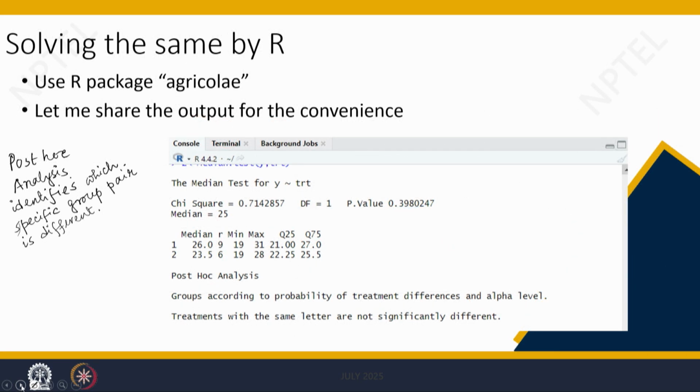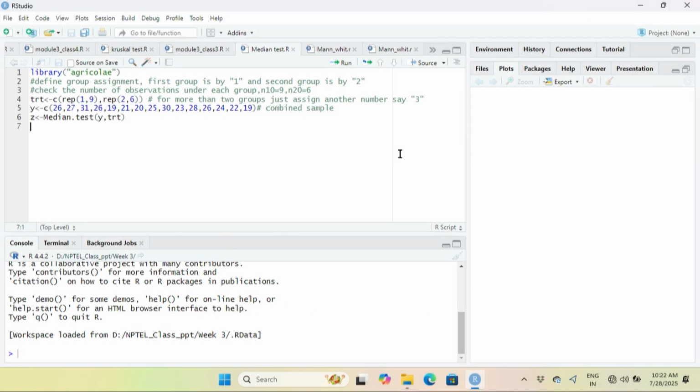Now you can do the same problem by R. So let me open the R window. In the R window, to run the median test, first you have to install the package Agricolae. Now you remember how you install a new package?